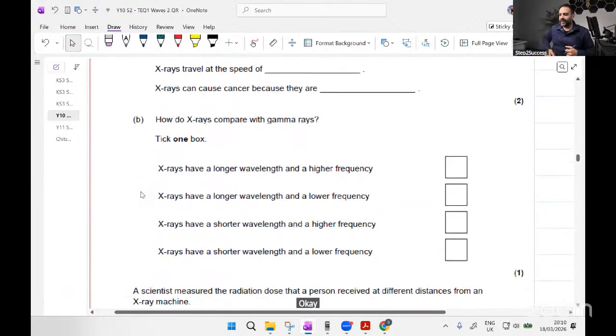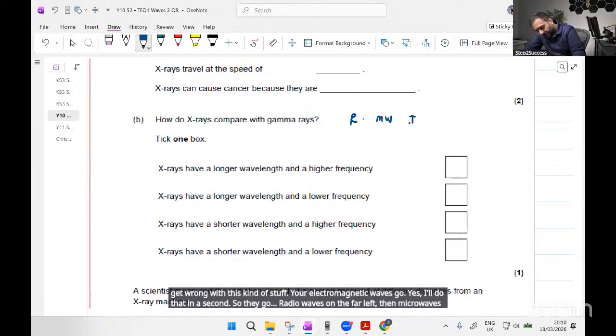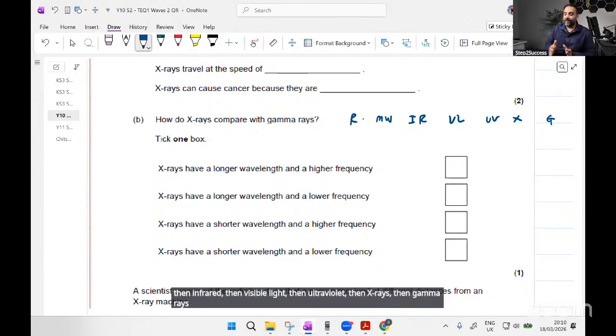Okay, this kind of thing is important. It's the sort of thing that people get wrong. Your electromagnetic waves go radio waves on the far left, then microwaves, then infrared, then visible light, then ultraviolet, then X-rays, then gamma rays. You need to be comfortable with that order.